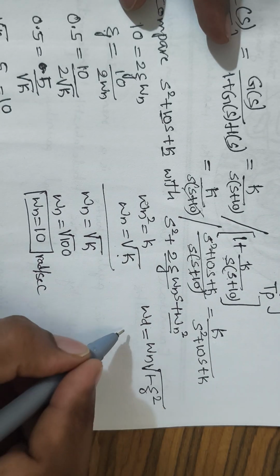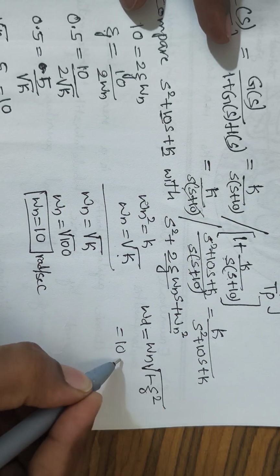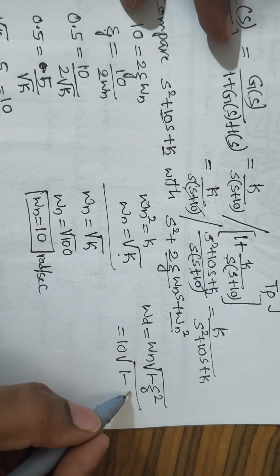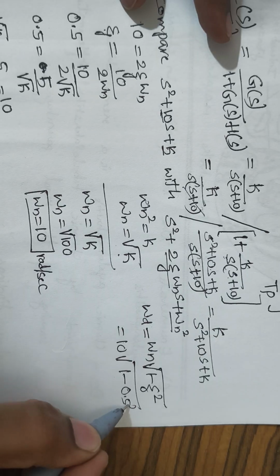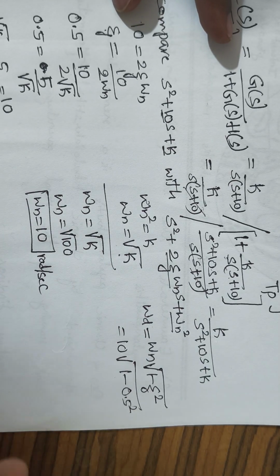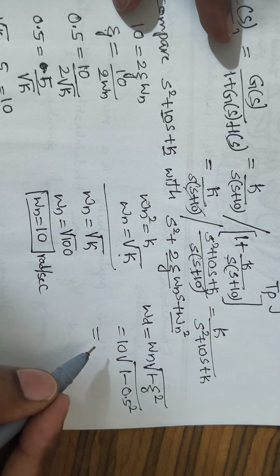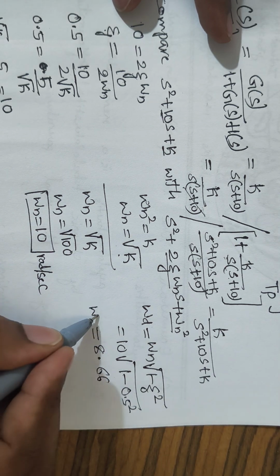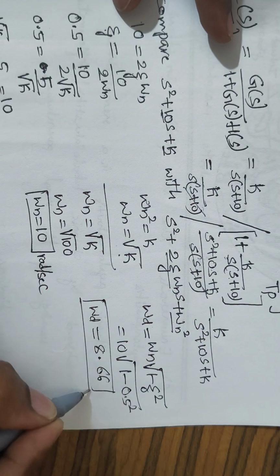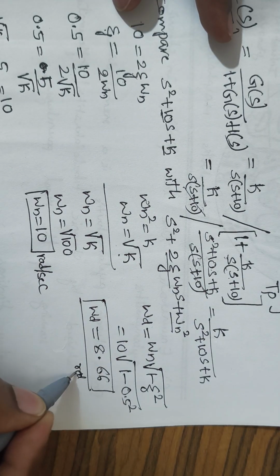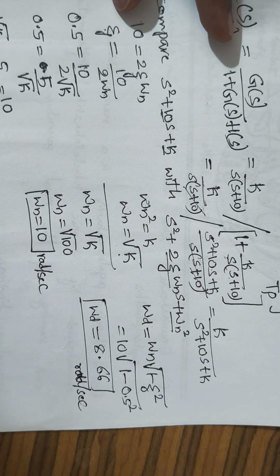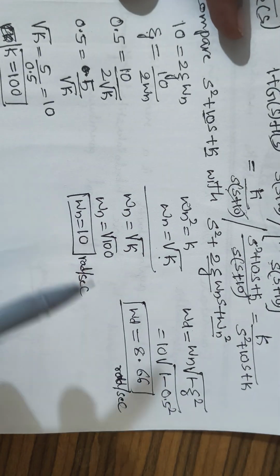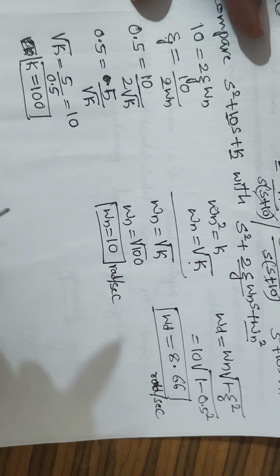So omega n is 10, square root of 1 minus 0.5 square. If you solve this, you will get 8.66, again in radian per second. Now you got omega n, the value for K, and the value for omega d.